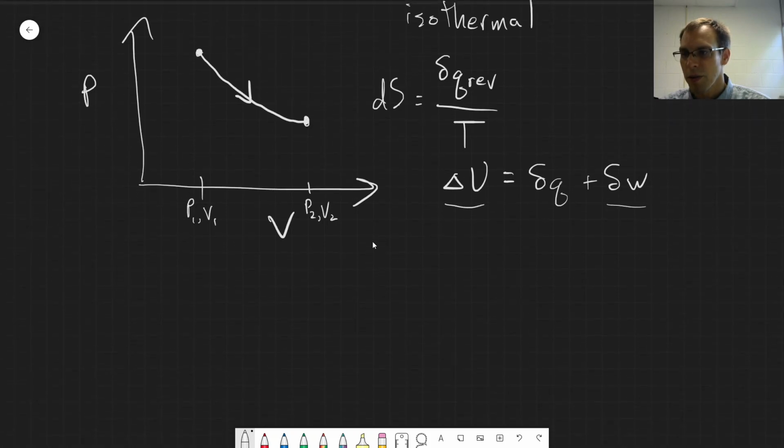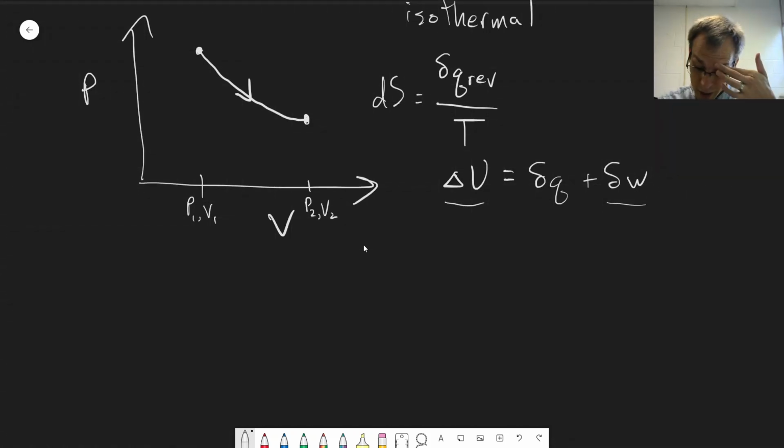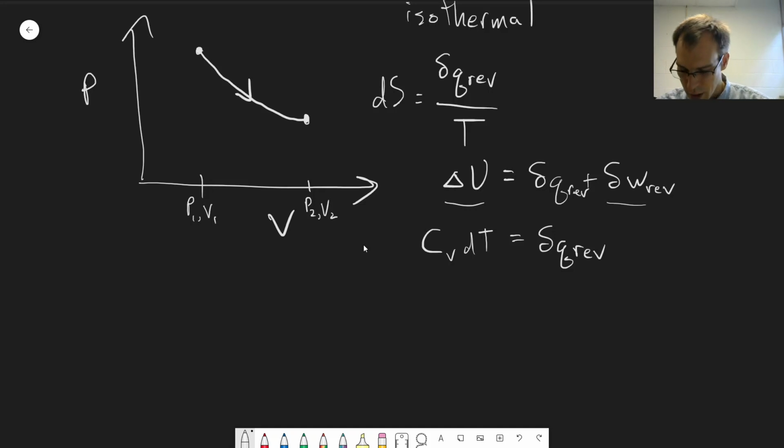Okay, so first thing we can do is say, well, we know that delta U is CV dT. dq we'll just leave as is, and we'll do this for a reversible process, right? Because that's what we need to find, dq reversible. All right, and so the reversible work is given by minus P dV.